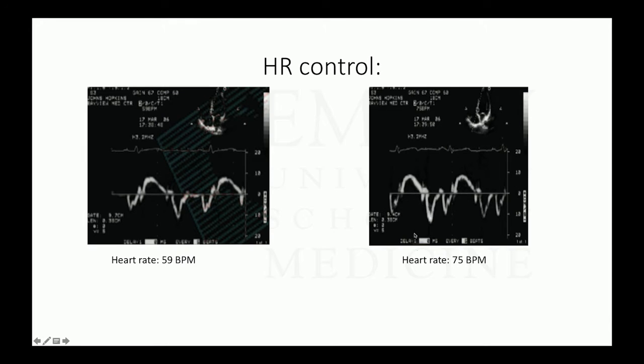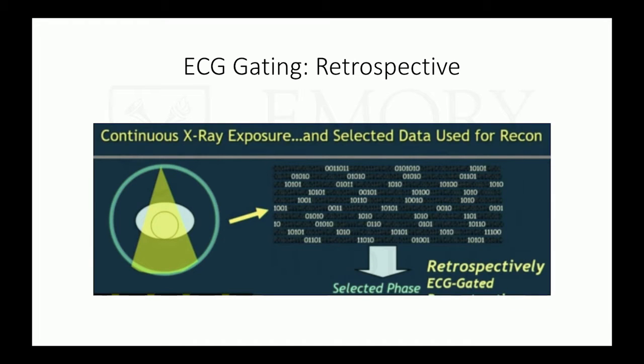But just slight increases in heart rate can really decrease that time to where the sweet spot becomes that 40% interval. I'll get back to why that's important in just a second. But we have different types of how we acquire CT data.